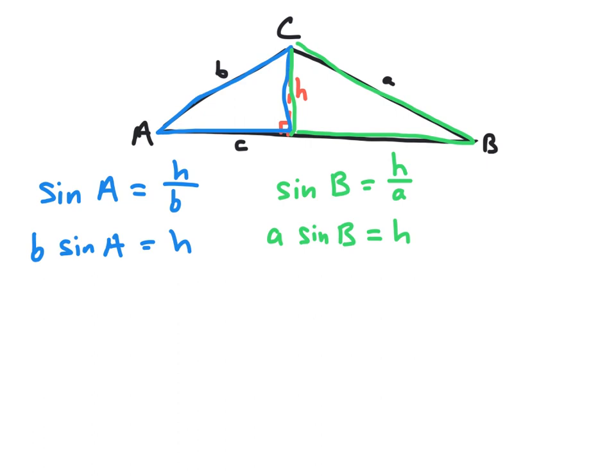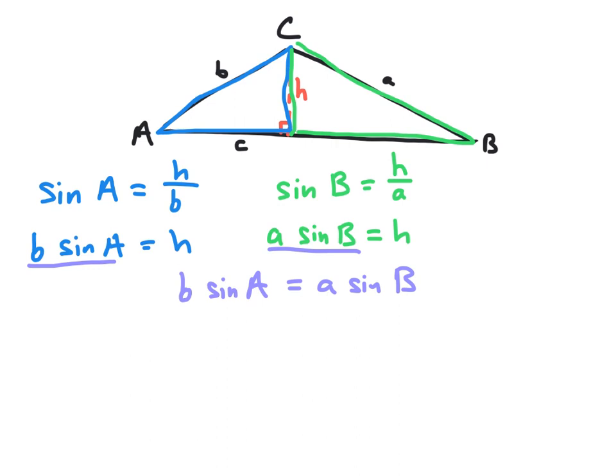Well, now we see that both of these equations are equal to h. And so we can set these two expressions equal to each other, since they have to be equal to the same third number h. And so in particular, we see that b sine A is going to equal a sine B.